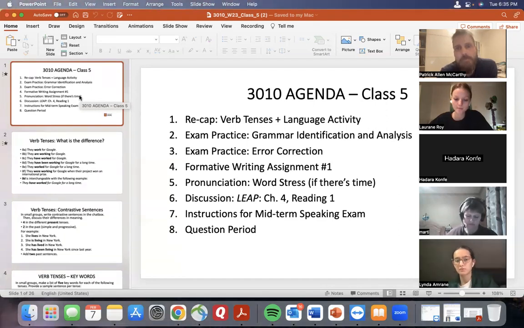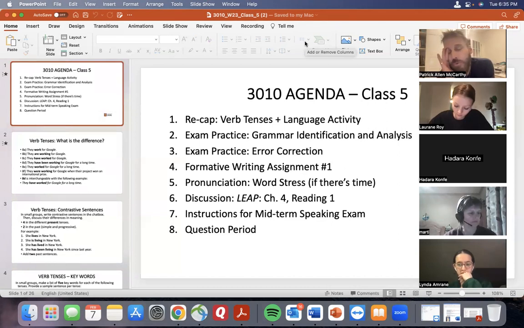For the pronunciation, we're going to look at word stress if there's time. Remember word stress, like tomato. We don't say tomato, we say tomato, as the stress is in the middle. That is going to be really important. It will be a little important for your midterm speaking exam, however I think your stress will be good enough that I will be able to understand you really well.